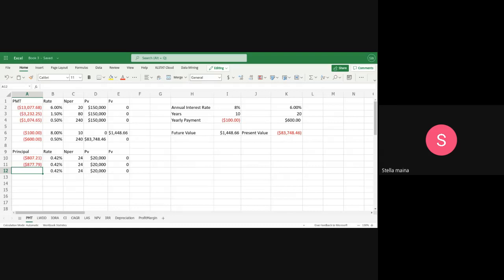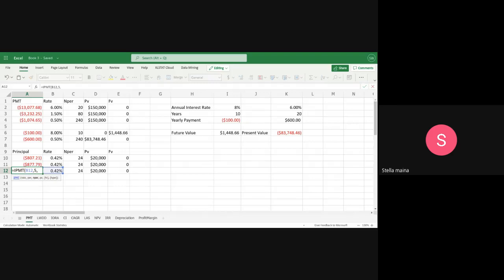To calculate it, I'm just going to say equals IPMT. But I want the interest for the fifth payment. So I have IPMT, and you can even see it's telling you to put in the rate. So our rate is B12. And then since I want the fifth, I have to specify that.